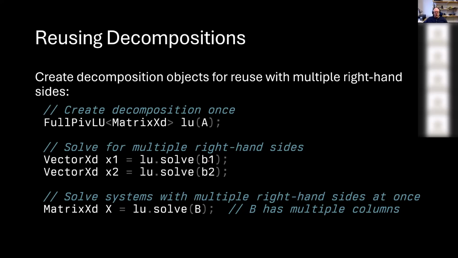So if you have multiple right-hand sides B1 and B2, you can do lu.solve and reuse that decomposition again. It's also possible, if B is an array of right-hand vectors, to get a matrix of solutions on the left side by doing lu.solve(B). That will solve for every right-hand side of the B array.